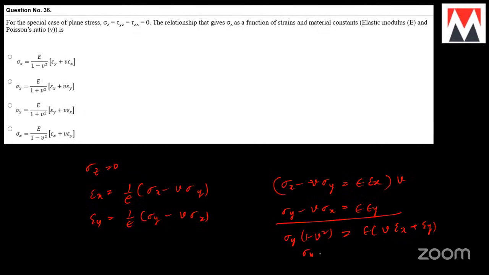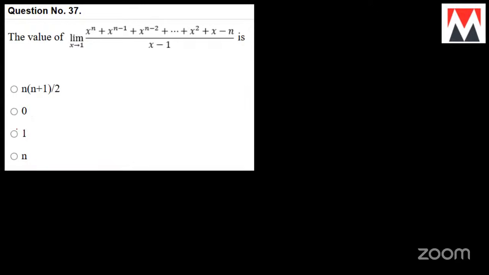So you get sigma y is equal to E into (Ey plus nu Ex) by (1 minus nu square). Or you can write sigma x as E into (Ex plus nu Ey) by (1 minus nu square). So your answer is D. To the next question.